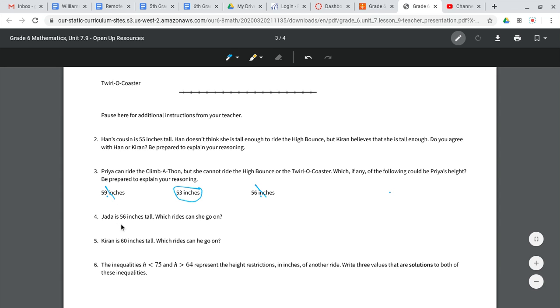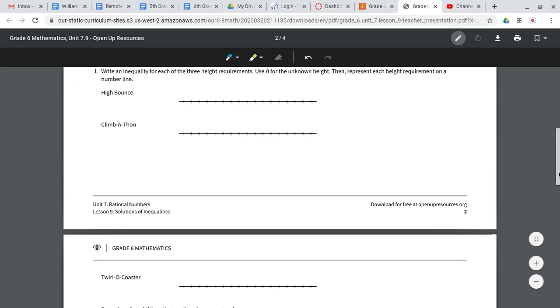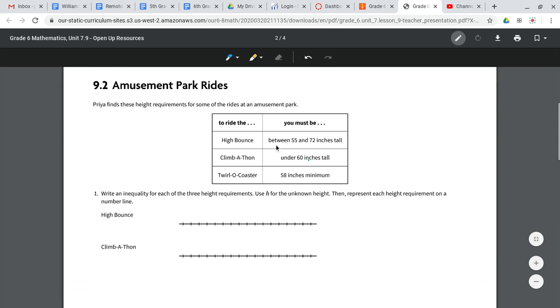All right, Jada is 56 inches tall. Which rides can she go on? So let's take a look here. She's 56 inches tall. So that's more than 55, so she can go on the high bounce. And 56 is under 60 inches, so she can do the Climathon, but it's not more than 58 inches, so she can only do the high bounce and the Climathon.